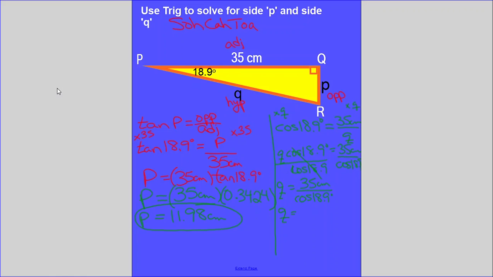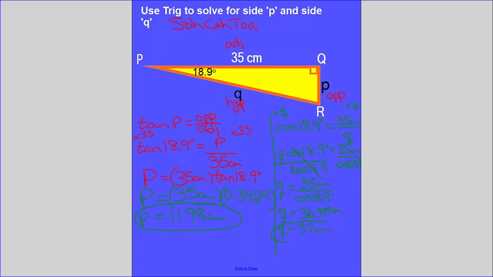There's a little bit of an extra step when Q is on the bottom. So if I take my calculator now and take 35 divided by the cosine of 18.9, then I get 36.99 centimeters, which is really close to saying that this thing's 37 centimeters.